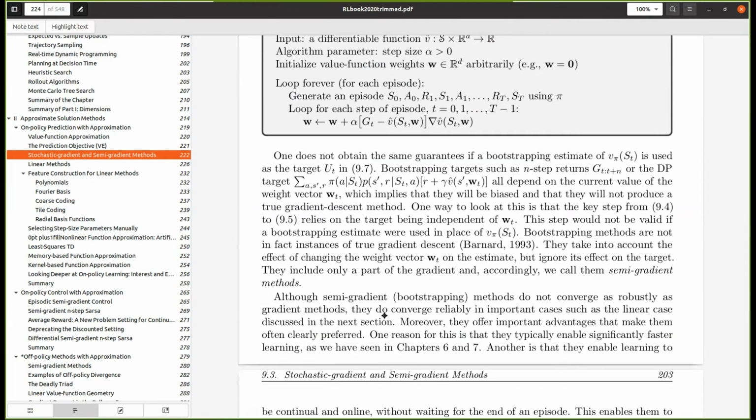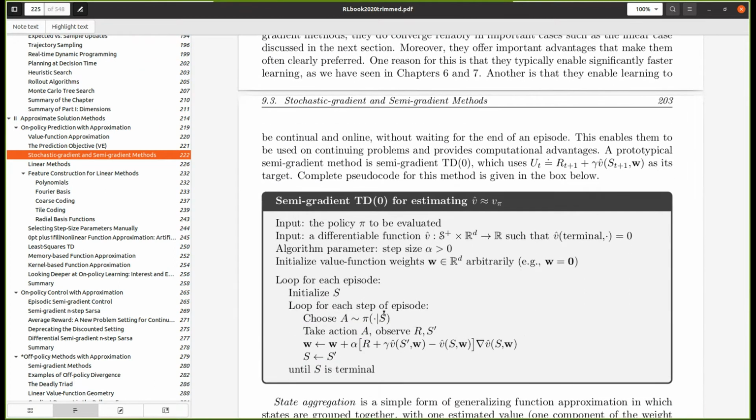And then it turns out that our update target here is dependent on the w, because we are trying to bootstrap.